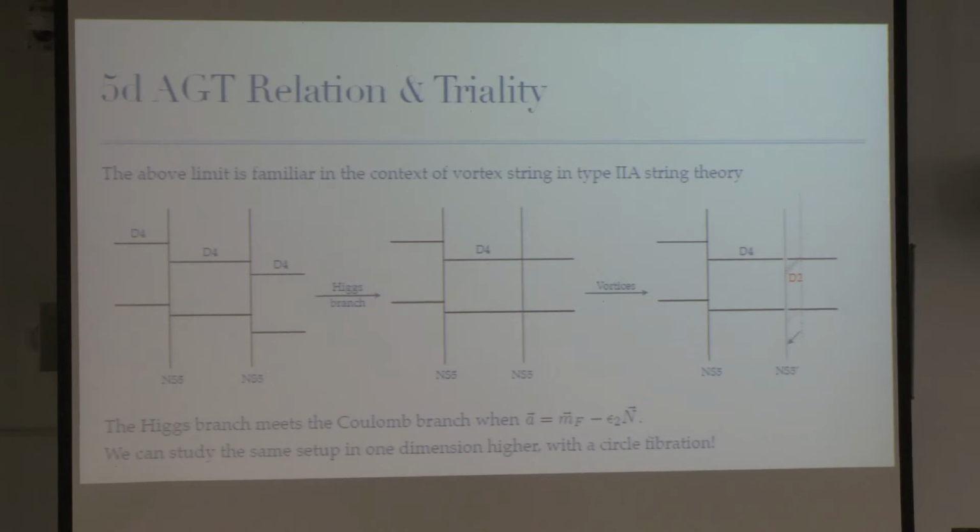And this is actually the point where the Higgs branch meets the Coulomb branch, and you would naively expect that A should be equal to m vector. However, there is a shift by epsilon times an integer vector due to the deformation of the omega background. Okay? And you can think of all this geometry, instead of in type 2A, as also fibered with a circle.